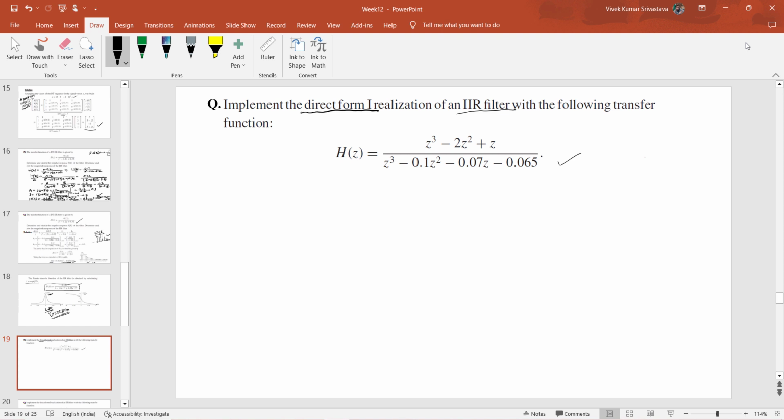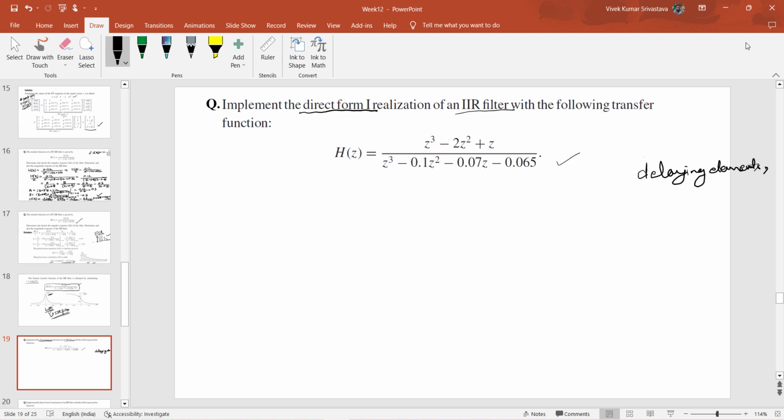To realize this, we have to basically know how many delaying elements there are, how many adders there are, and how many multipliers there are.